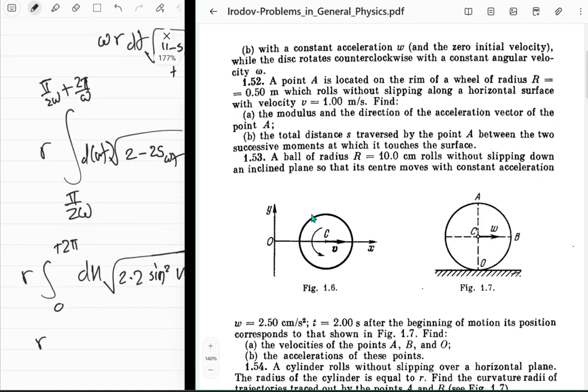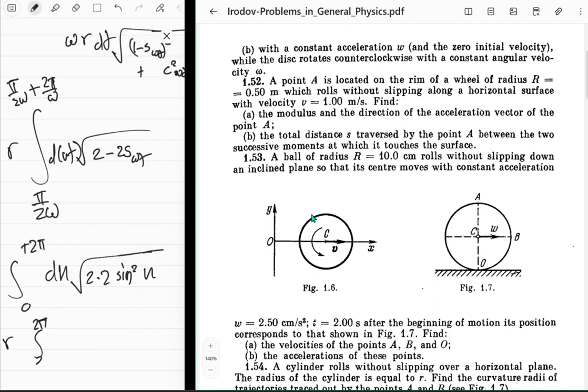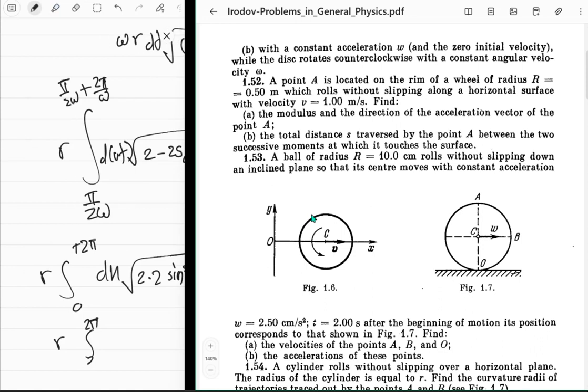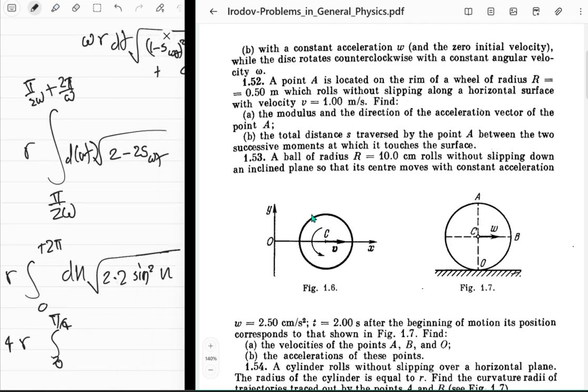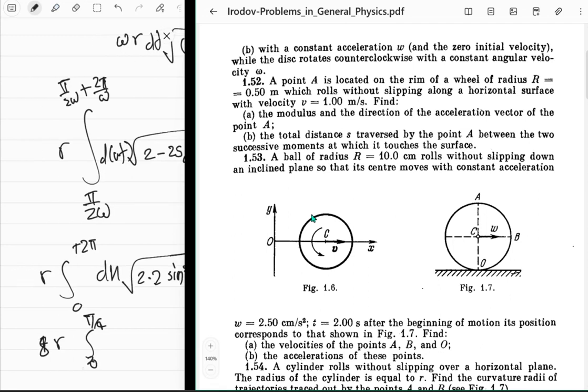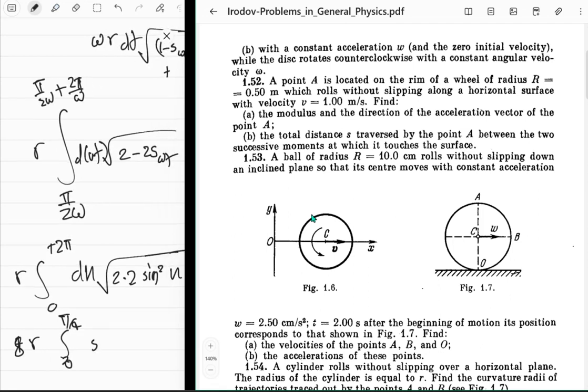Perfect. Now we are so close. 0 to 2 pi. You know what? Write this as 0 to pi upon 2, but 4 times. Exactly. And you also got this 2 times 2 is 4, and then it's going to be 8. And now it will just be sine u du.